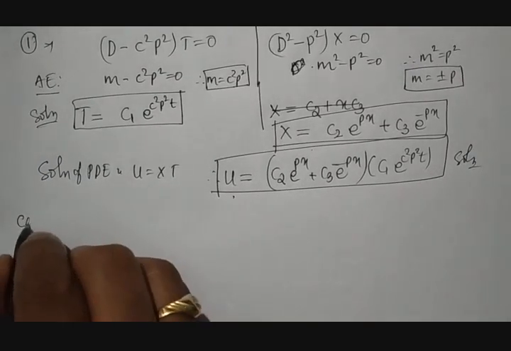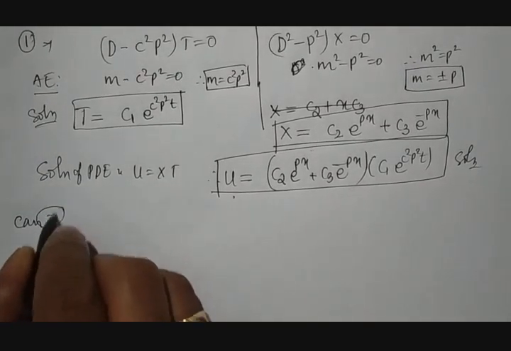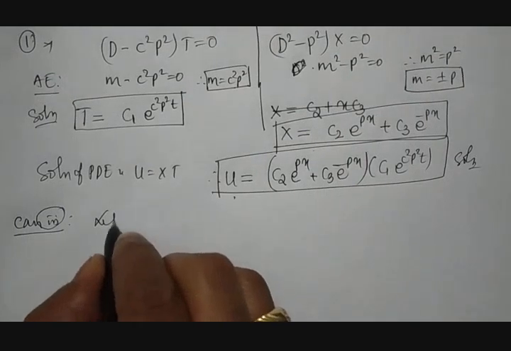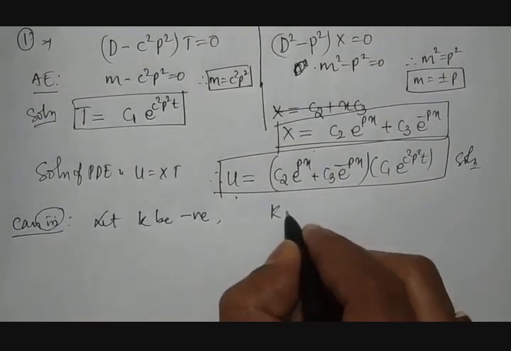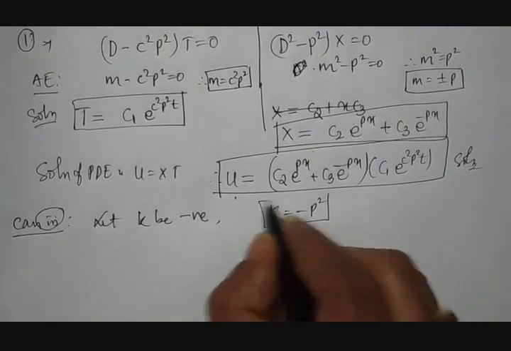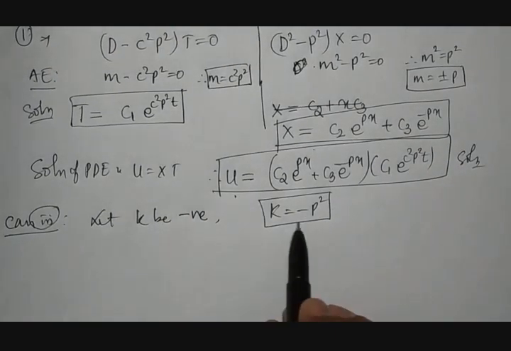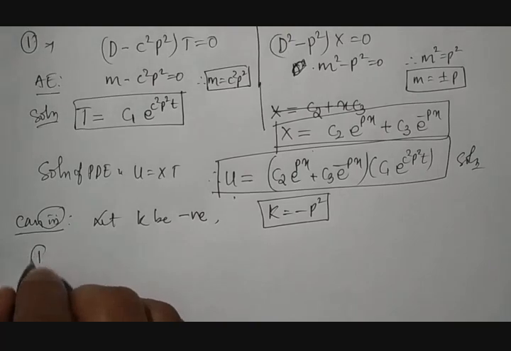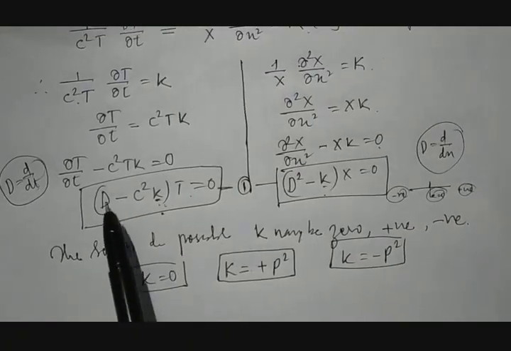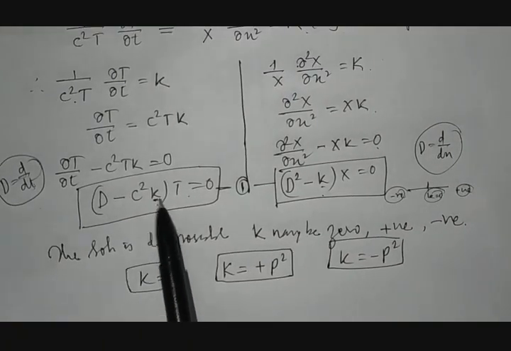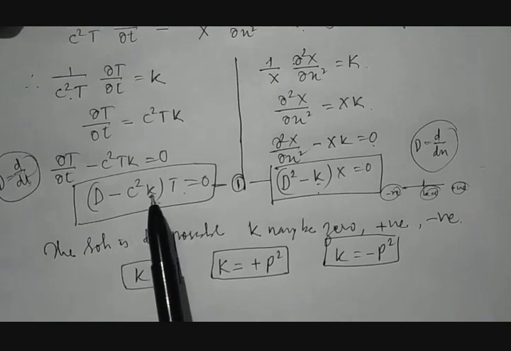Then case number 3. Let K be negative, which means K is equal to minus P square. If we substitute K is equal to minus P square in equation number 1, then it becomes D minus C square K, but K is negative now, so it is minus P square.